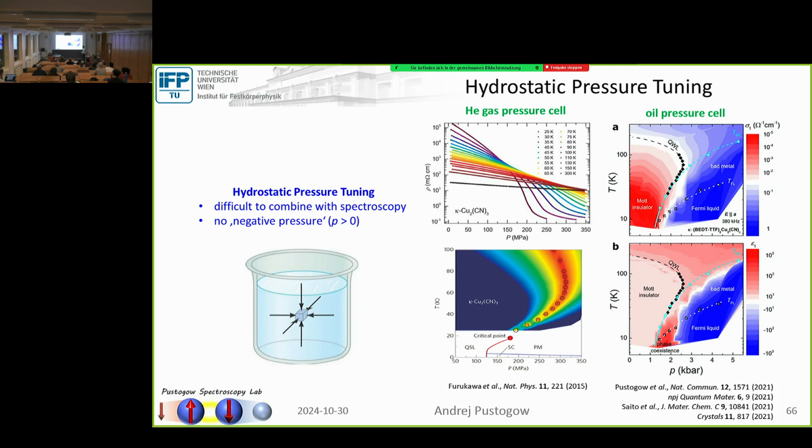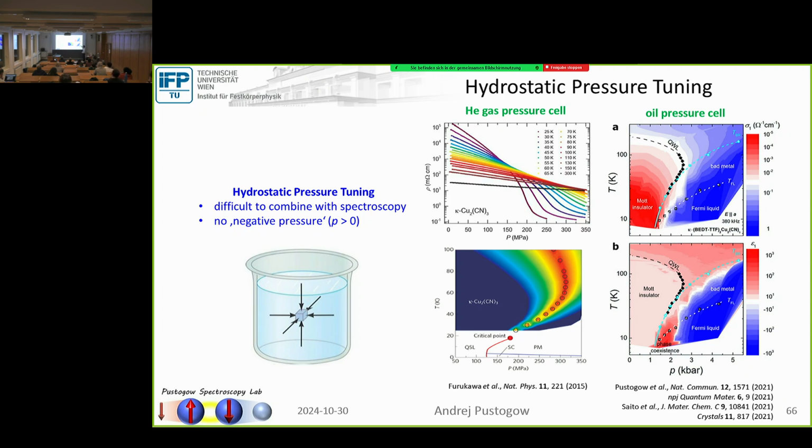And when we look at this, we can do continuous pressure sweeps by using helium gas. So these are really low pressures. I mean, of course, it's still several hundred bars, but for solids, these are very low pressure scales. A little bit higher pressure can be applied by oil pressure cells.